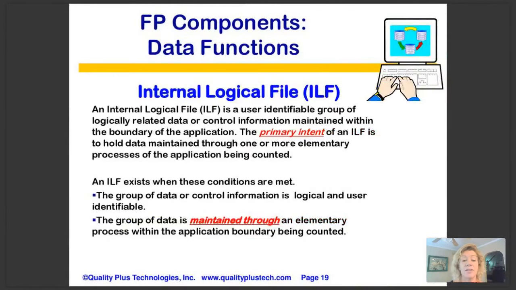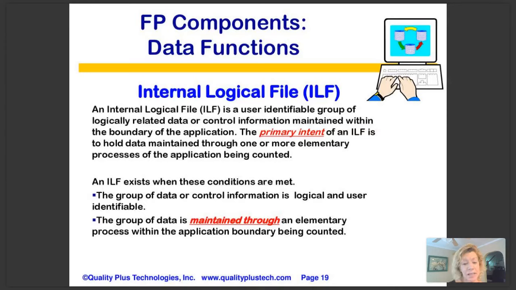Internal logical files are user identifiable, and again, you've just got to memorize this definition: a user identifiable group of logically related data or control information. The keyword is maintained within the boundary of the application.